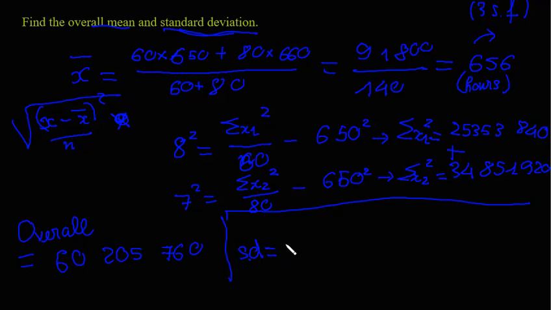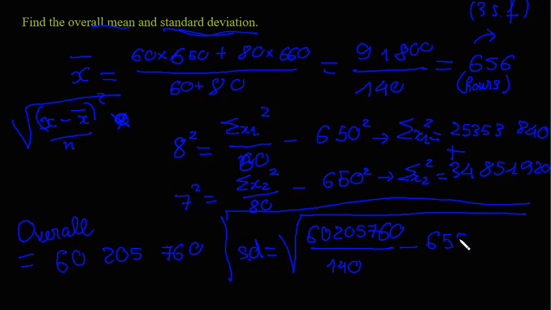So the overall standard deviation is 60,205,760 over the sample of 140 bulbs, minus 655.71 square. Why here is it not 656?